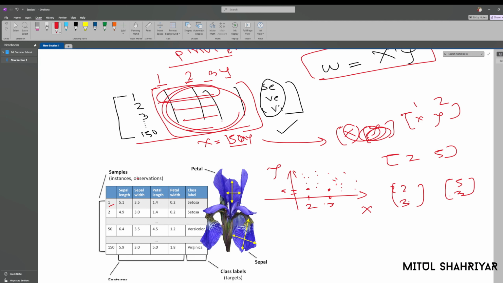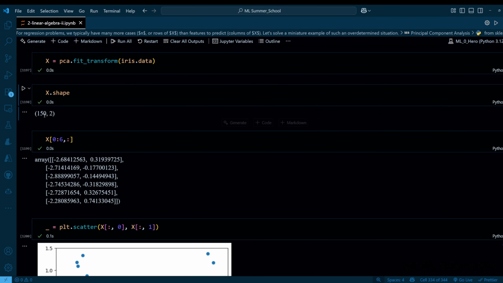Now, using PCA, we still have 150 data points but just 2 features, or 2 columns. You can see 150, 2, and again you can check the first 6 row values. It is just 2 values each, like -2.68, 0.31. It is not related to the original values, right?